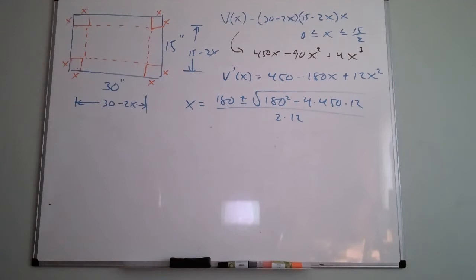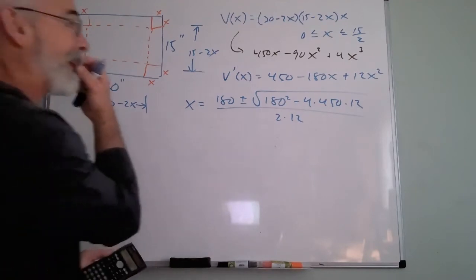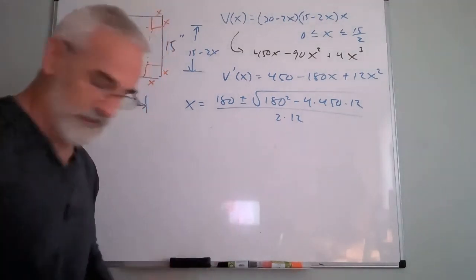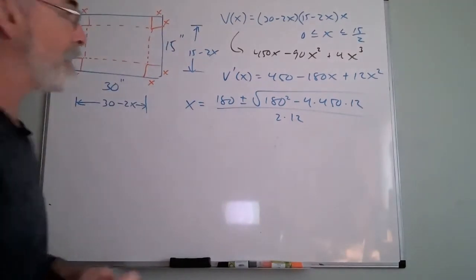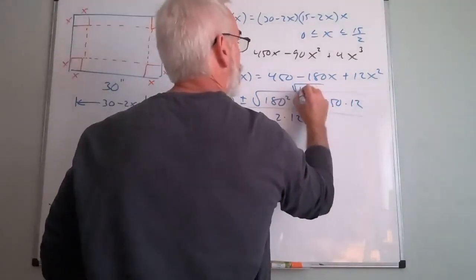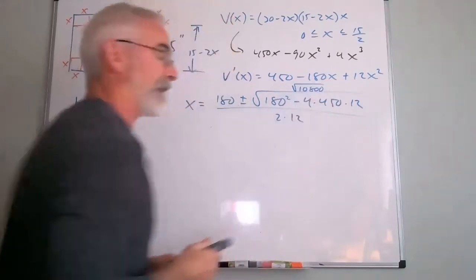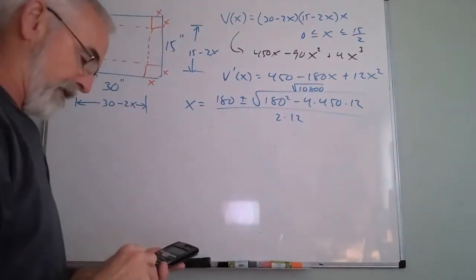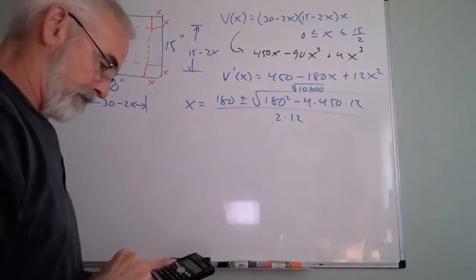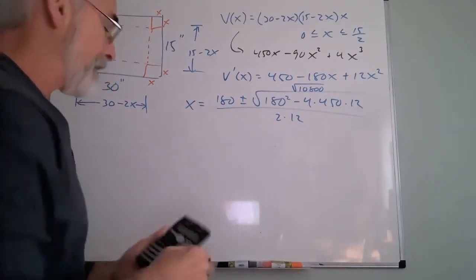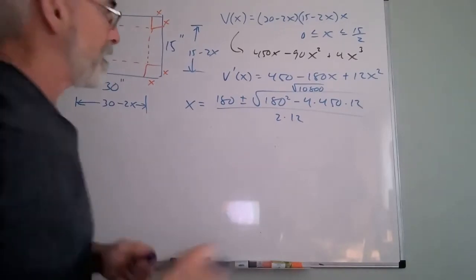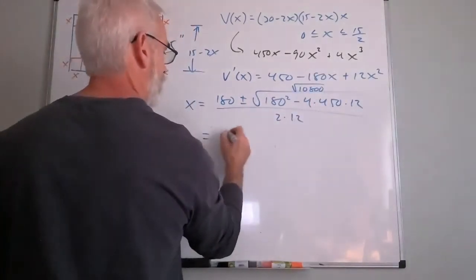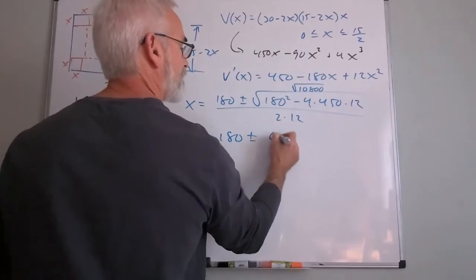Make sure we don't have any boo-boos there. Yes, okay, that looks good to me. So I've got 10,800. This is root 10,800. Now I'm thinking root 10,800 might have some pretty humongous perfect squares in it. Yep, in fact, that's 60 root 3.